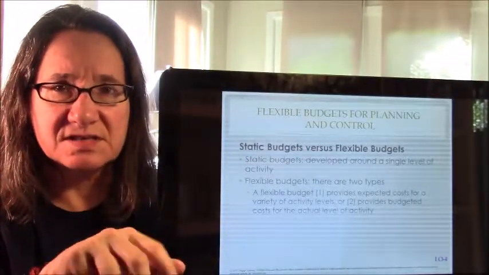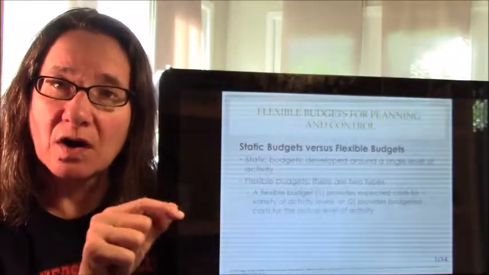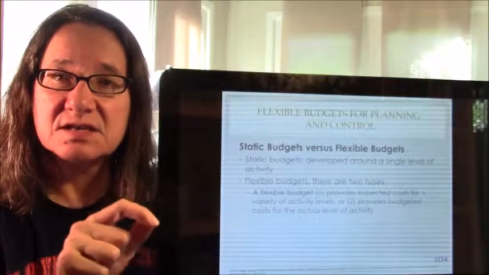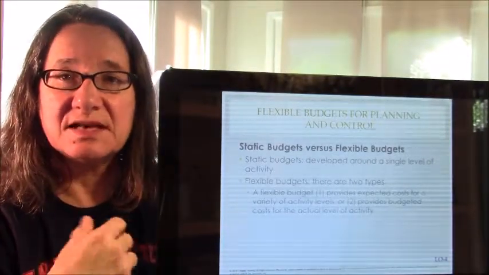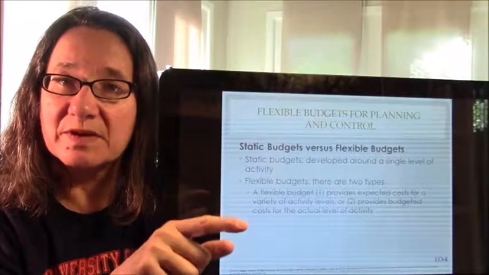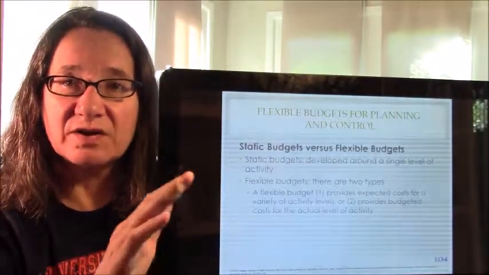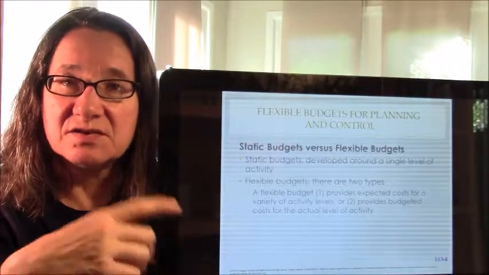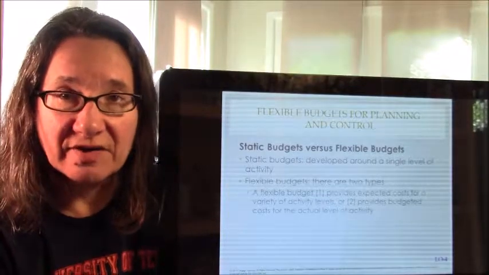Are those differences due just because we sold more units, or was I wrong on some of the prices? So we flex the budget, and that simply means if I had known I was going to sell 1.1 million, what would I have predicted? Right? So using all your same standard costs, you're just flexing it to match what you ended up really doing. And that's where we get our variances.